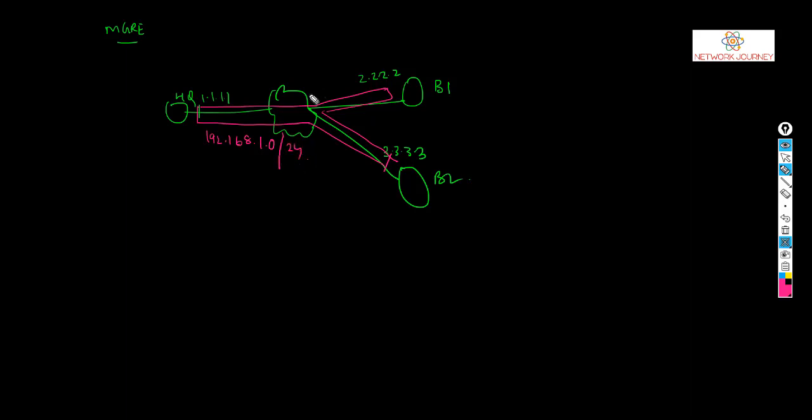Now let's say branch 1 wants to send something to branch 2. You know that you cannot directly send this. The first copy will go to the headquarter, because the headquarter acts as a server, and the server knows where these spokes are connected.